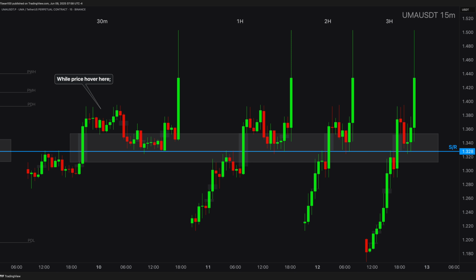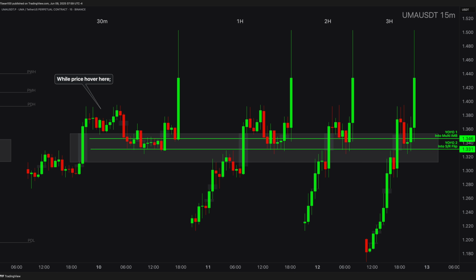Basically, simple cost averaging. First of all, I set a limit order at the multi-imbalance location for the first possible pullback. Then I place a secondary limit order at the SR flip location because this is another key level. Lastly, I can place my order at deep liquidity levels way below.